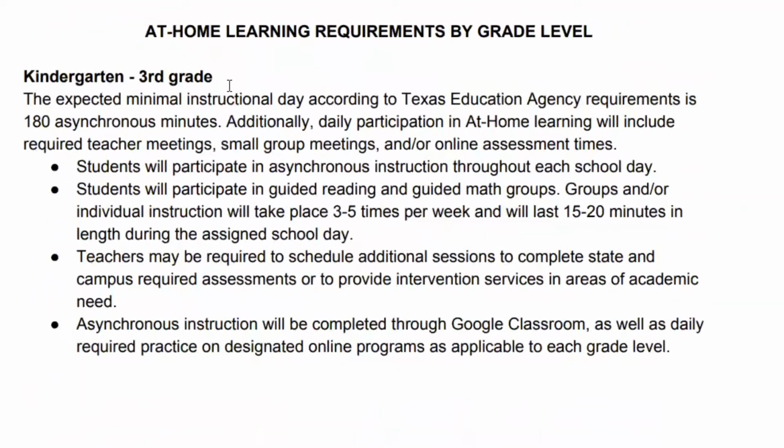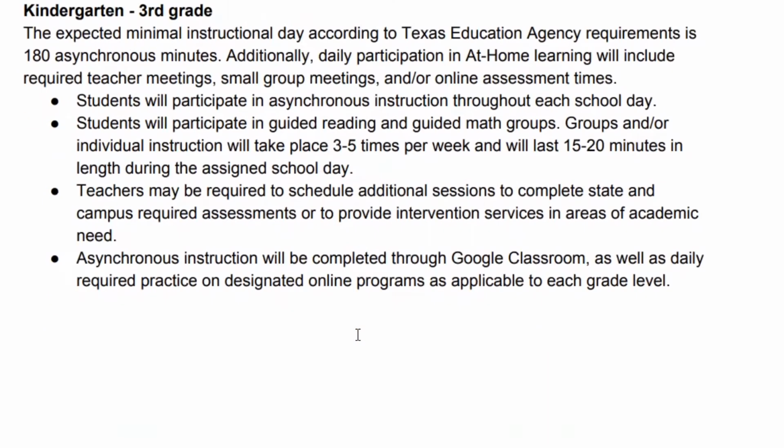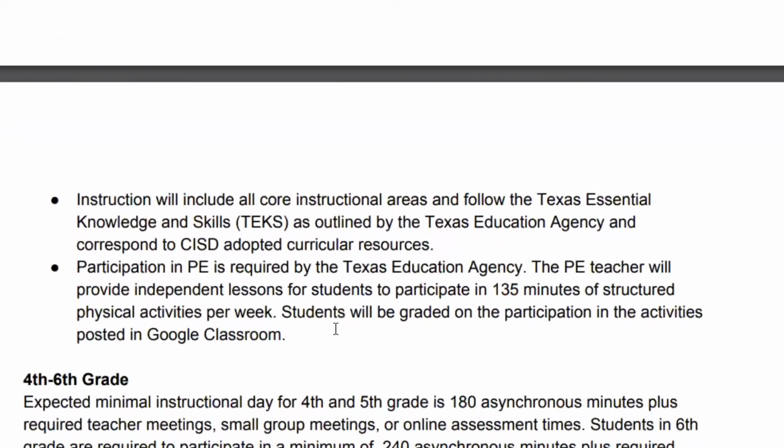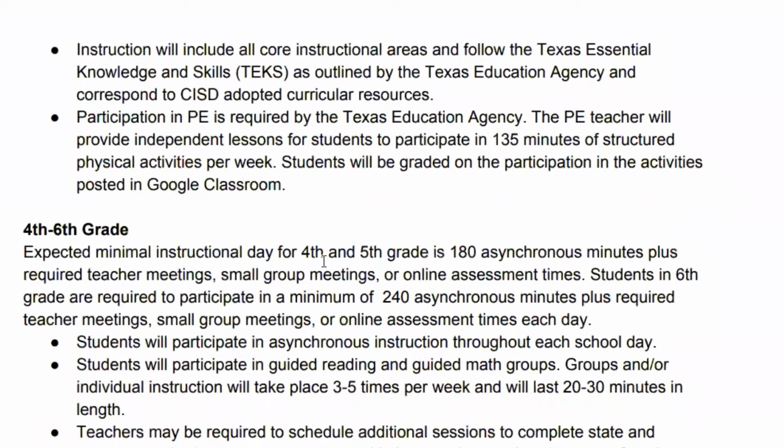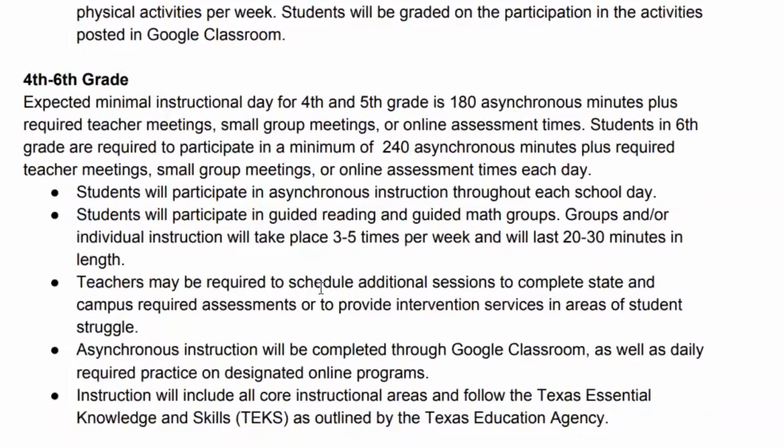Different learning expectations, kindergarten through 3rd grade. If your child is in one of these grades, please review these as it'll be specific to that campus. 4th grade through 6th grade, also there are some minimum expectations. Like here, expected minimal instruction per day for 4th and 5th grade is 180 minutes, plus required teacher meetings, small group meetings, and online assessment times.